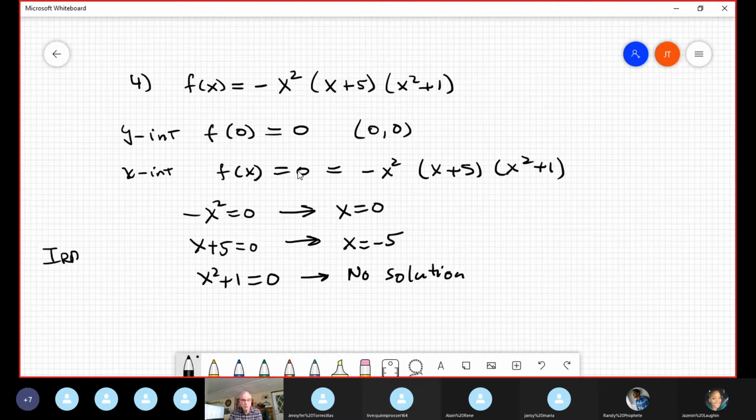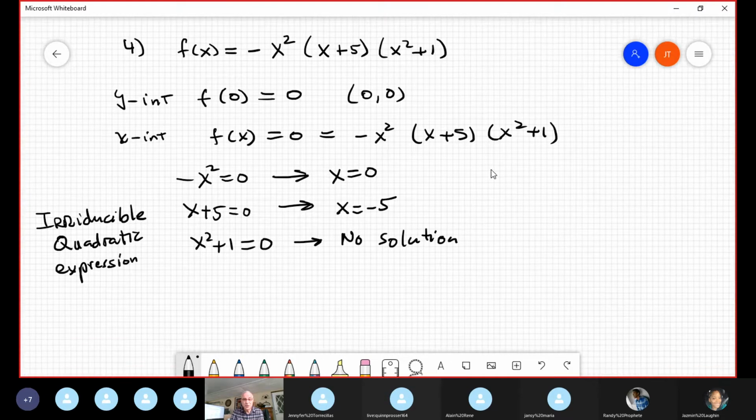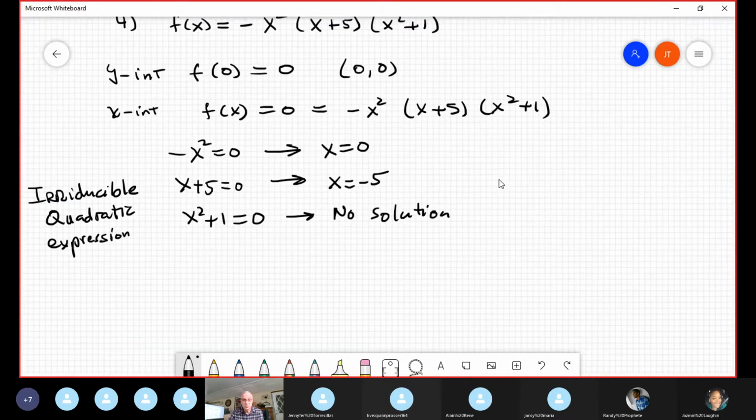So this is a completely irreducible quadratic expression. How do you know that? Suppose that you don't know. You don't recognize it. Well, I have no idea. I try to solve it like a quadratic equation.